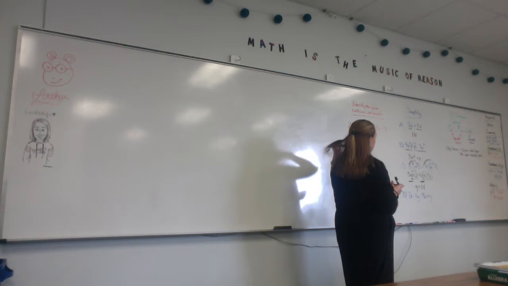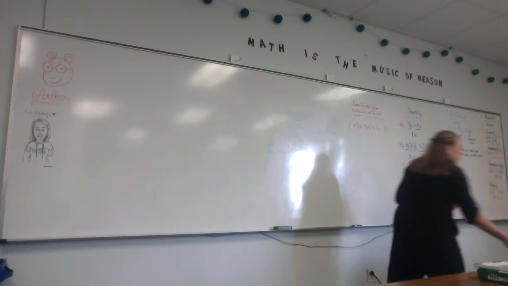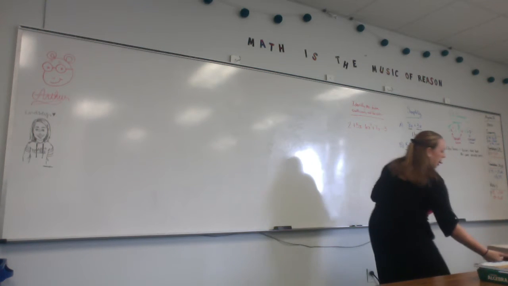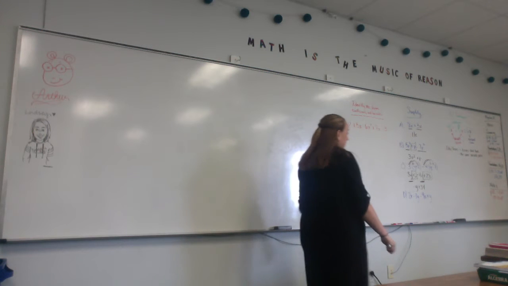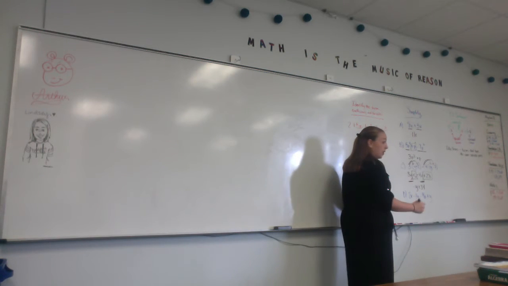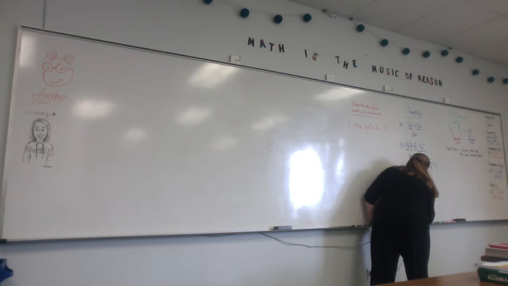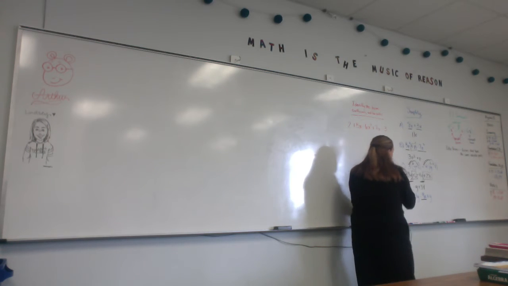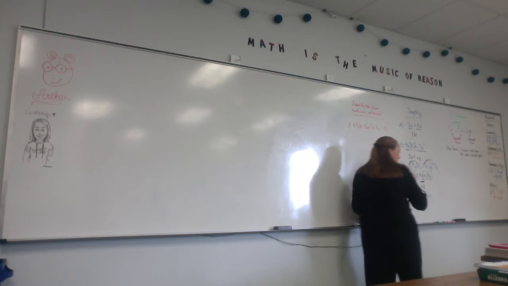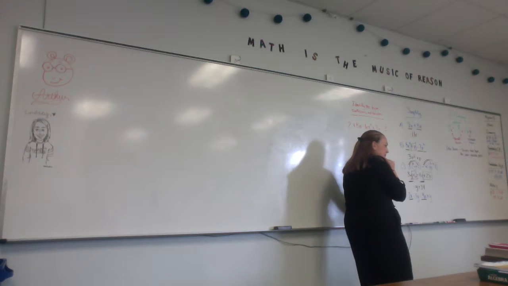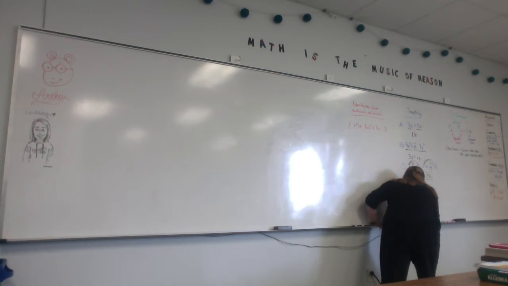Now on D, tell me what combines. What are like terms down there? 2x and what? Yep, 2x, and I'm going to put that negative with it, negative 9x. So what is 2x minus 9x? Yep, negative 7x.